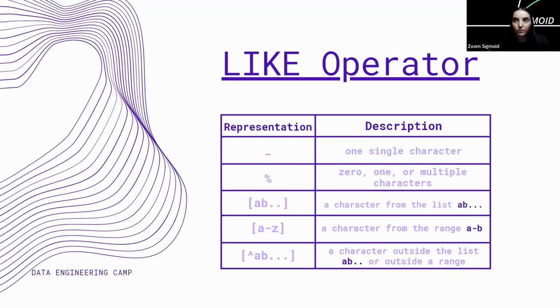If you'd like to show all the names which start with A, and the length doesn't matter, it's enough to write A and %. So the query will look like this: select the names from the table students where the first name LIKE 'A%'. It will give you all the names which start with A.